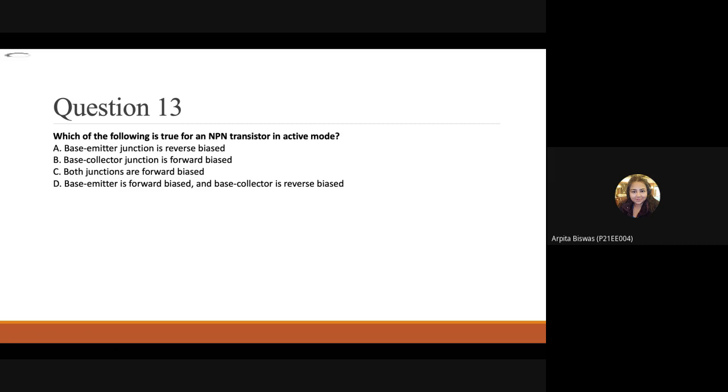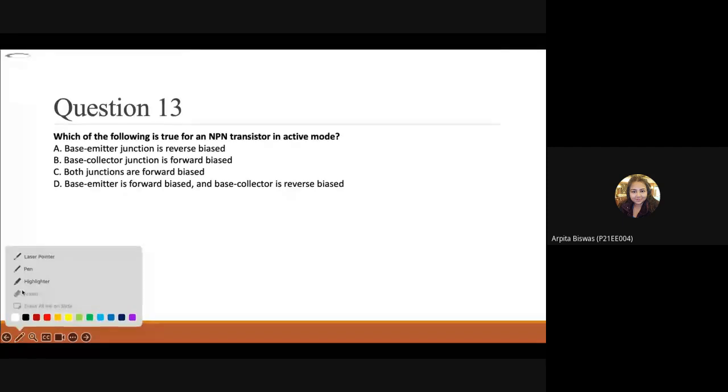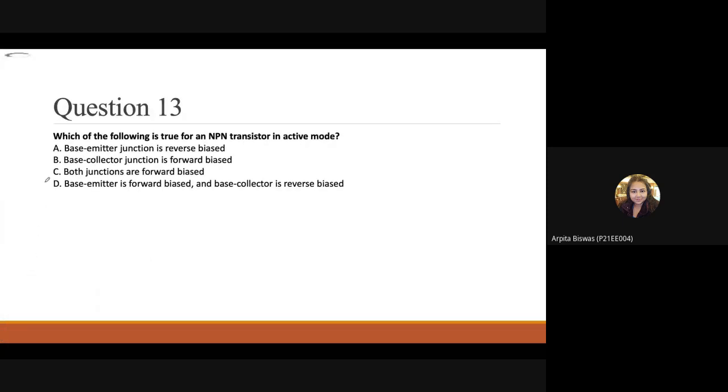Ankit, what is the right option? Option D, ma'am. Yes, the right option is option D. Good. Base emitter is forward bias and base collector is reverse bias.